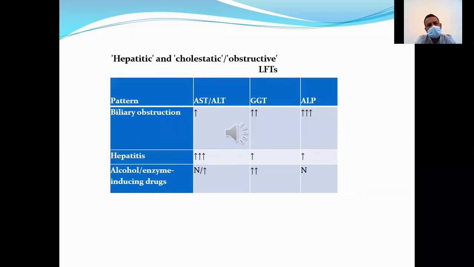In hepatic disease, the AST and ALT increase more than alkaline phosphatase and GGT. But when there is alcohol or any enzyme-inducing drug, only GGT increases, only gamma glutamyl transferase. So from this table, we can differentiate by these enzymes whether there is liver disease due to hepatitis or biliary obstruction.